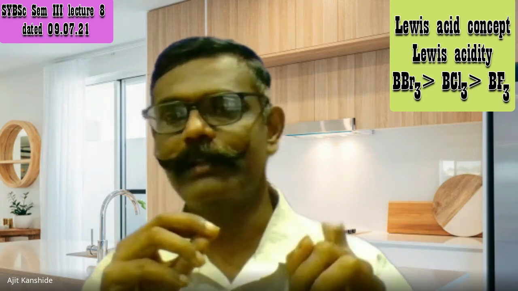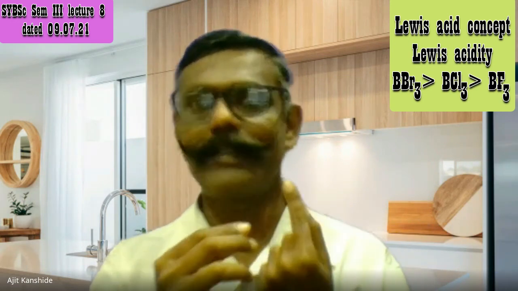Let me make the concept clear. I am discussing the BF3 molecule, with sp2 hybridization, where one of the sp2 hybrid orbitals will form a bond with the p orbital of the fluorine. The other sp2 orbitals, one is towards your side, one is towards my side, but they are making an angle. Other than this p orbital of the fluorine, further orbitals are there, say 2p orbitals, but all orbitals are filled.